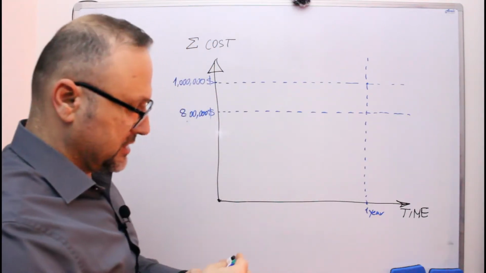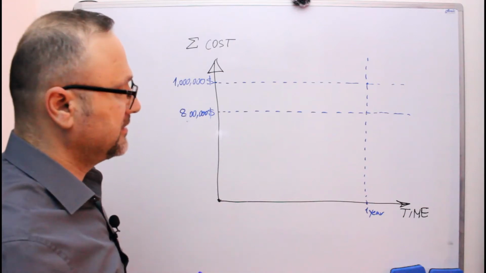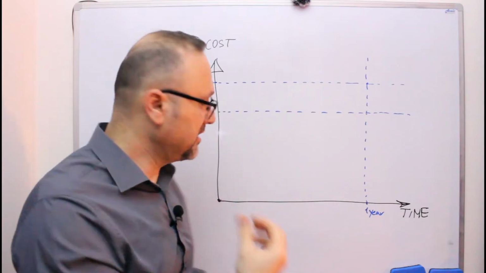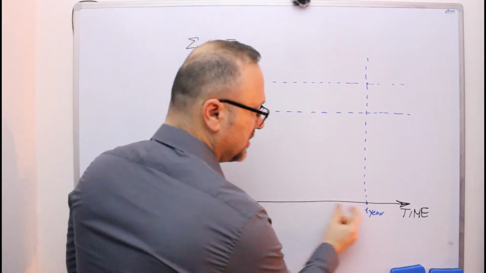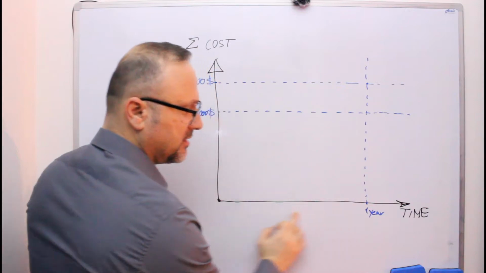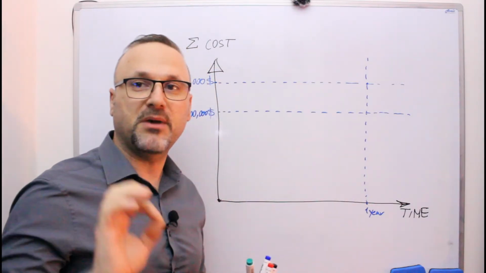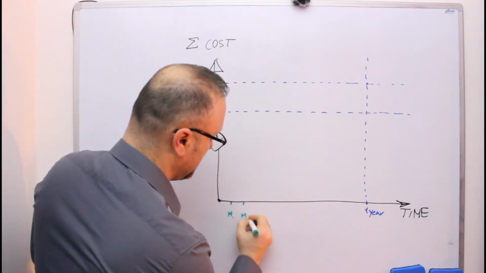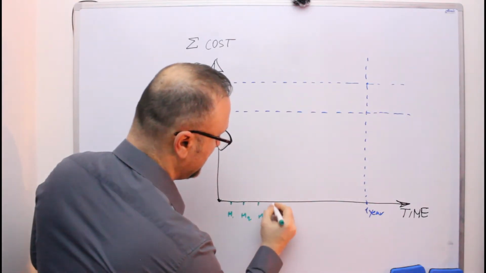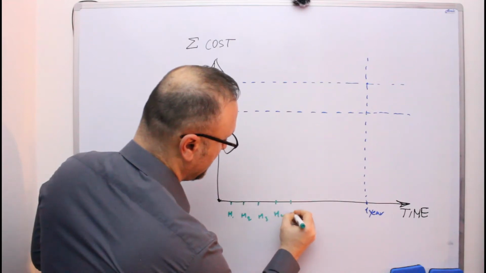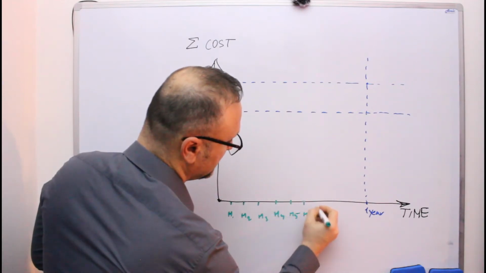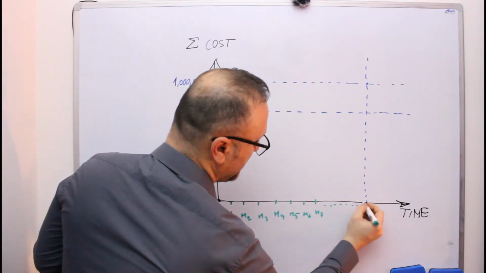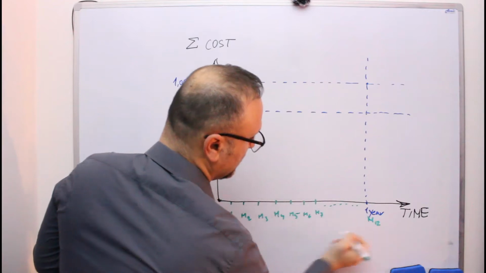My cumulative cost, which I plan, I have planned values for each period. So if I'm reporting every month, I have here month 1, month 2, month 3, 4, 5, 6, 7, up to month 12.